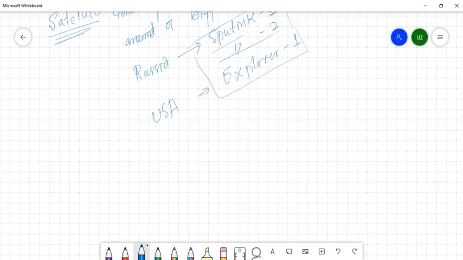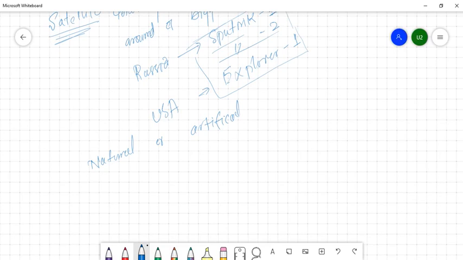A satellite can be natural or artificial, which is man-made. For example, Earth has its moon, Luna, and it is a natural satellite because the moon orbits the Earth in a curved path. Similar is the case with artificial ones.